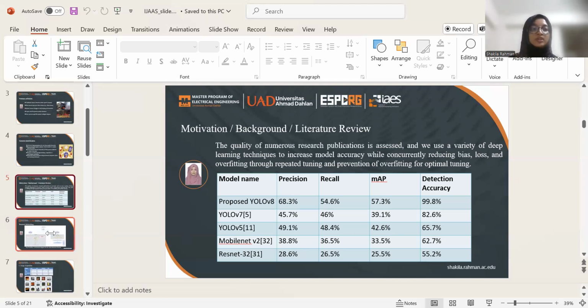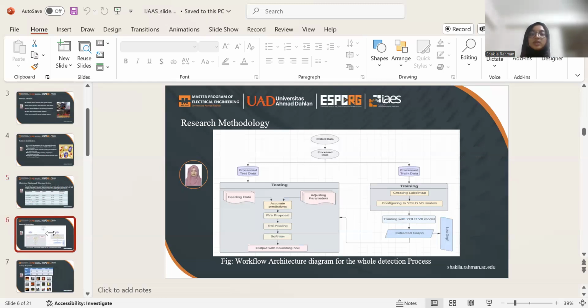So now moving to the workflow diagram for the whole detection process. These are the research methodology steps. At first, we collected data, then the collected data is pre-processed. Then the processed data is divided into two parts: training and testing. In training, we create a label map and configure the YOLOv8 models, and then train with the YOLOv8 models.